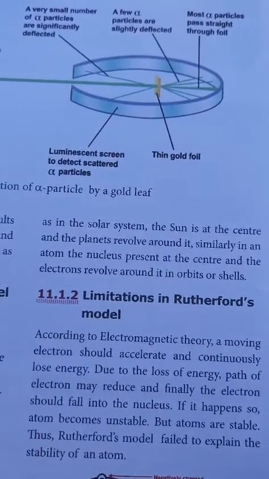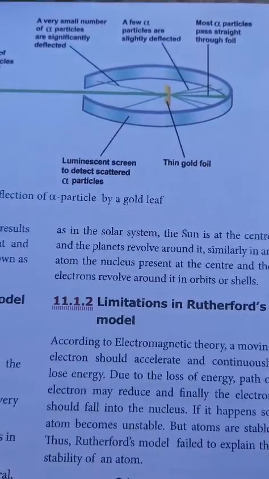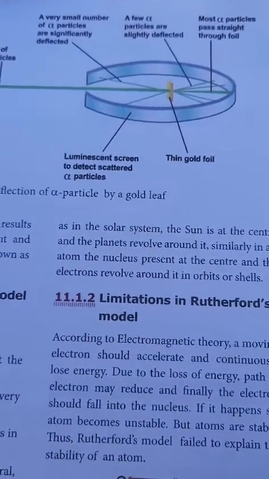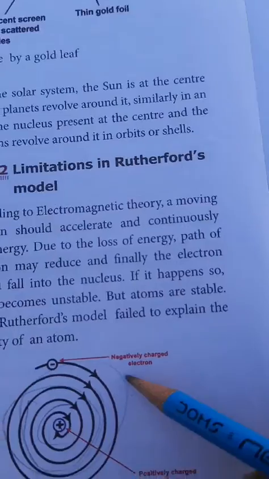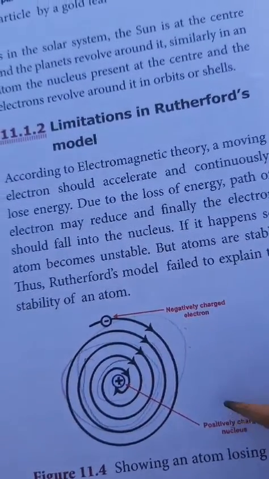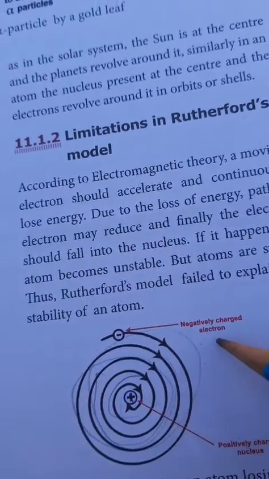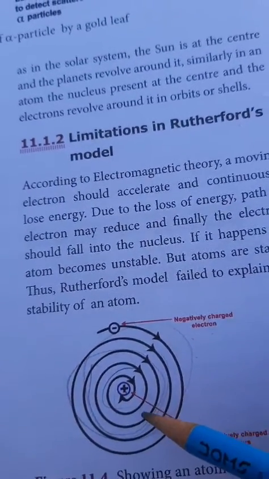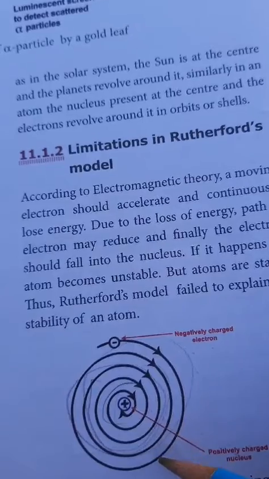Negatively charged particles are electrons, and positively charged ones are ions. One or more electrons combined with the nucleus.